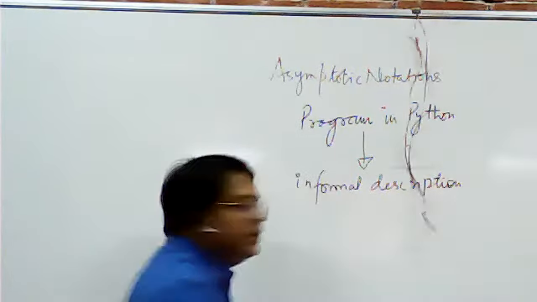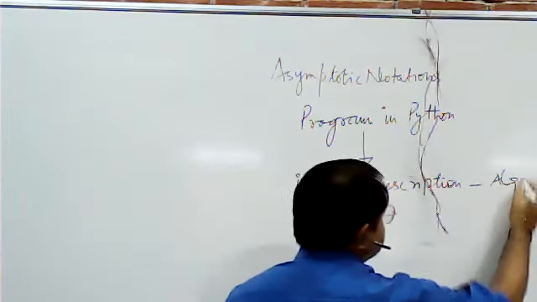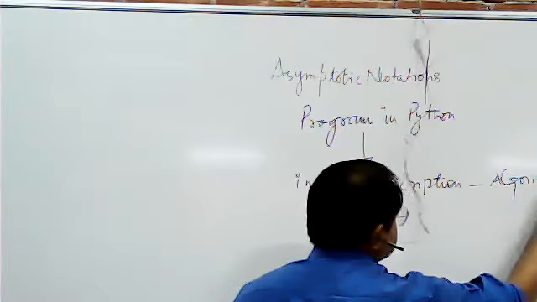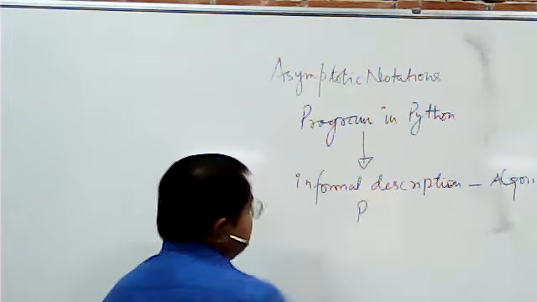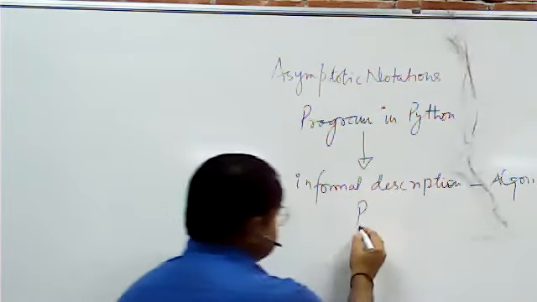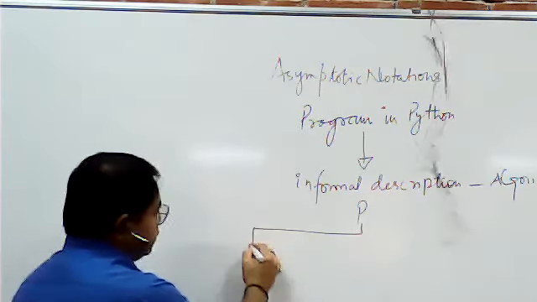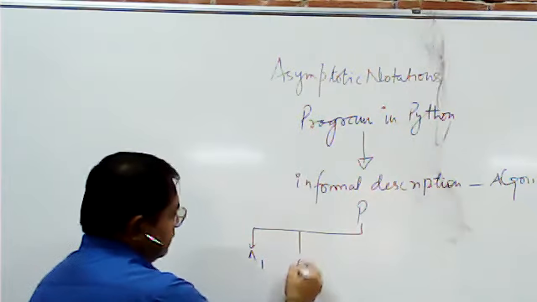This informal description of the program in English-like language is what we have studied as the algorithm. In general, if a particular problem is given, there can be many solutions. Each of the solutions we call one algorithm.